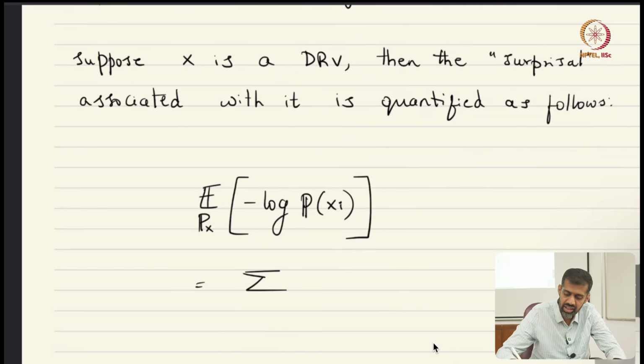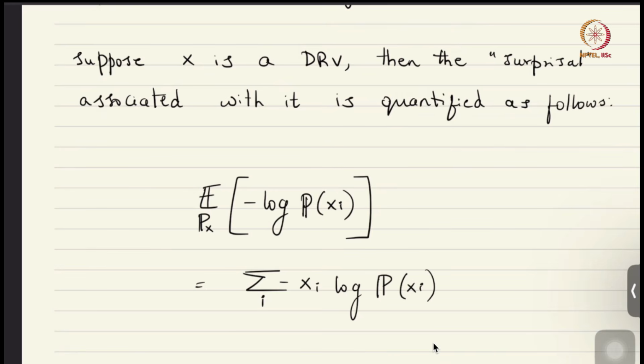What is i? i denotes the indices, all the values that this discrete random variable takes. You have minus p of xi log probability of xi. This is the average information in px.